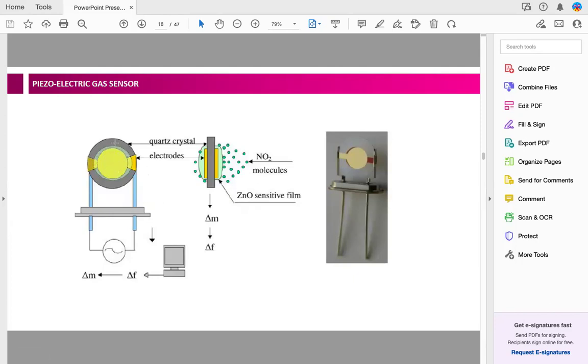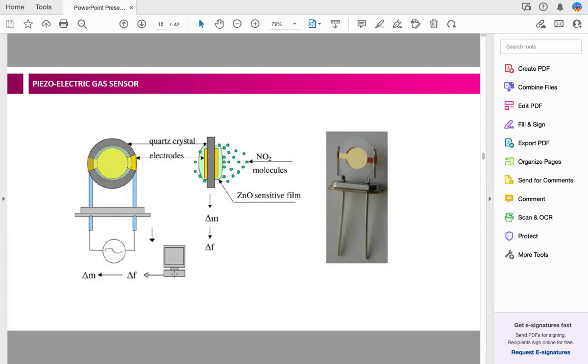The quartz crystal electrodes, where actually we can have gold, and the gas is interacting with the gold surface. You can add some material, if it is sensitive towards, in this case, nitrogen dioxide. And there is a change of mass. You can see delta M, and the change of mass is translated into the change of frequency.